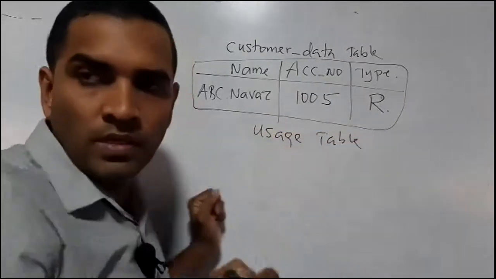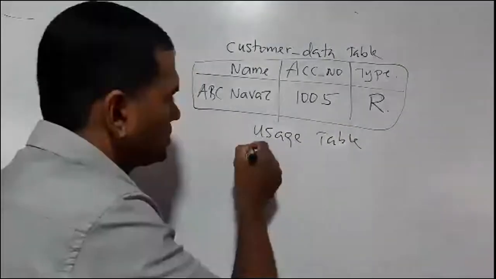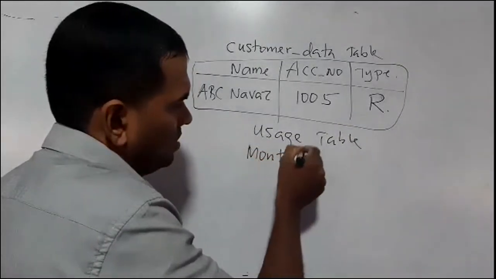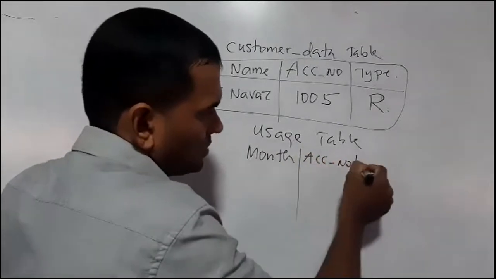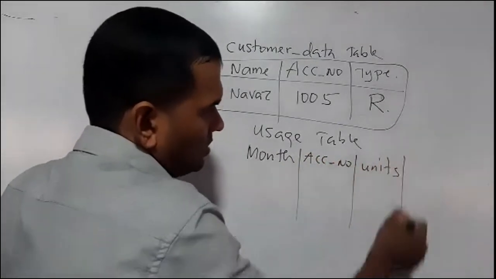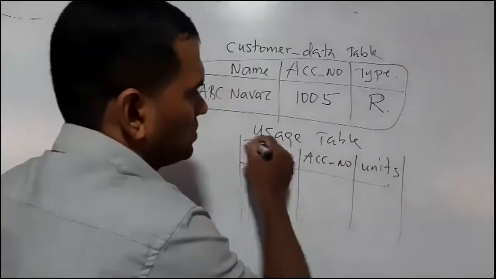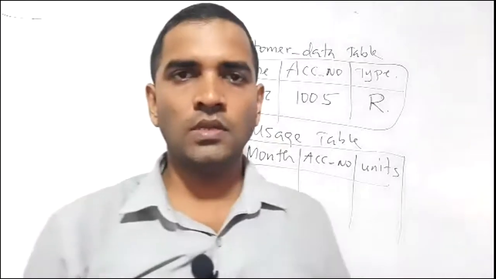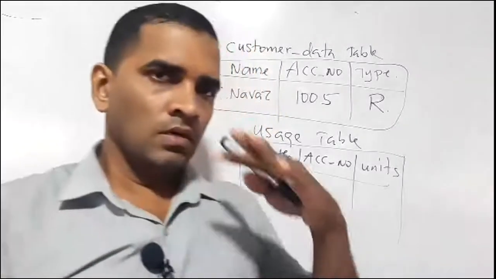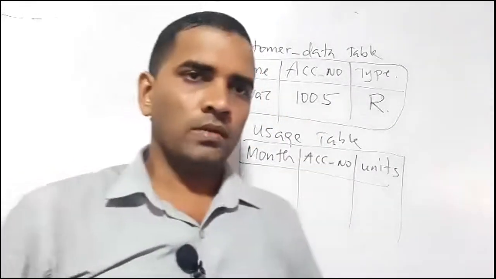So what are the fields there? Month, account number, units. Three fields. Here also you don't need to write the existing data, right? Write the updated one only.